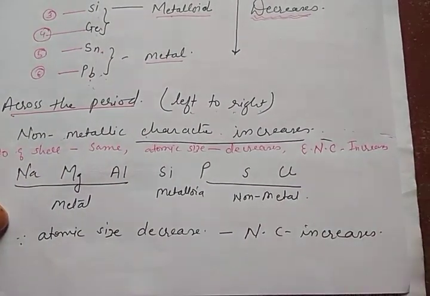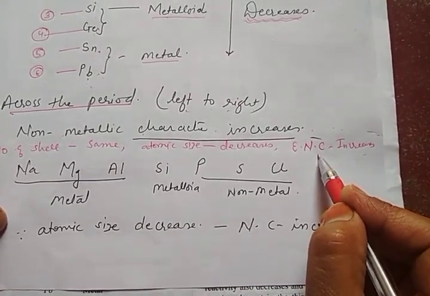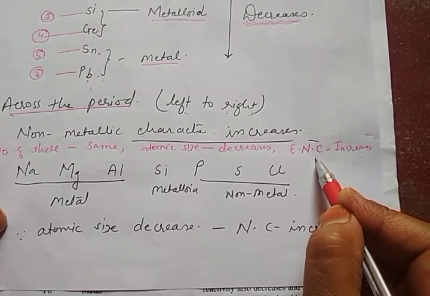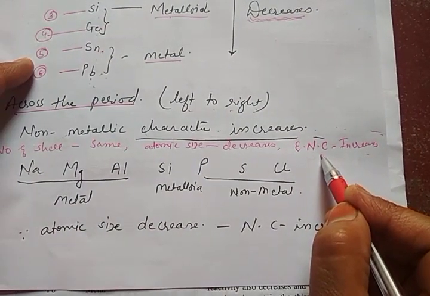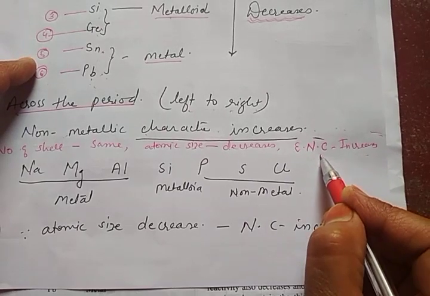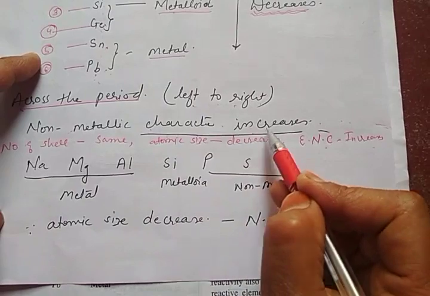Due to this, the atomic size contracts and the incoming electron experiences a greater nuclear force, so it is easily accepted by an element. So the non-metallic character increases.